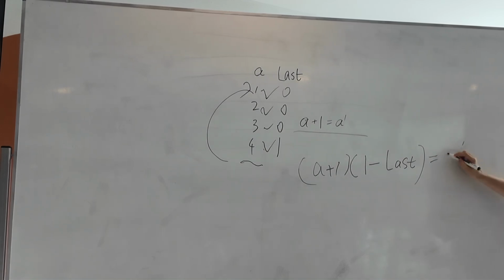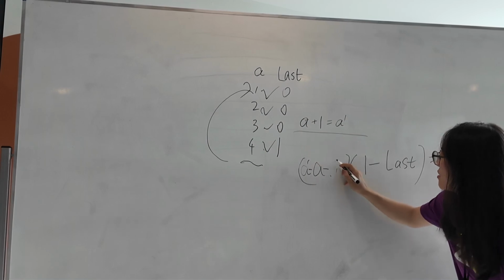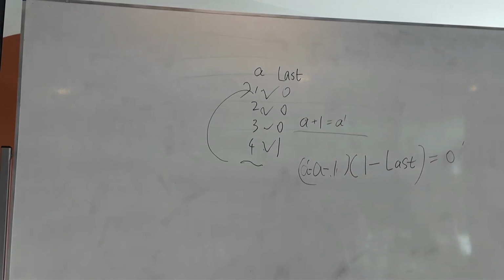Maybe it's this way: A prime minus A minus 1. Yeah. Then I can use it to test the circuit I write. Otherwise, the next row circuit I defined will always be wrong.